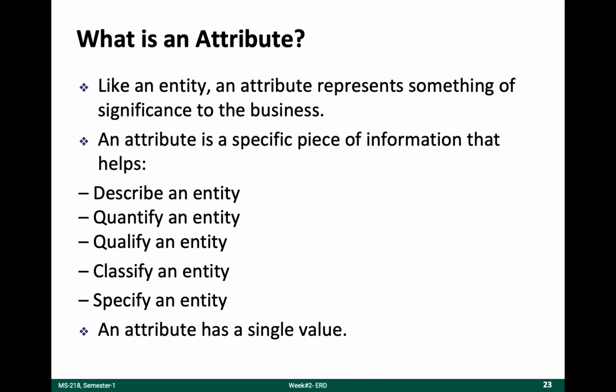So attributes, we can use attributes for describing an entity, quantifying an entity, right? Or even qualifying an entity, classifying an entity, specifying an entity. So these are the different things that we can use. Like for a student entity, if there is an attribute status, or let's say degree.